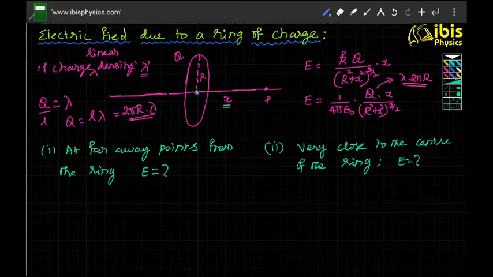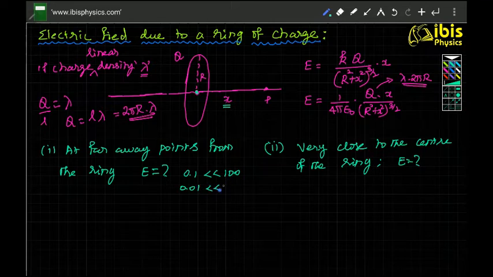Now let's look at this. At far away points, suppose you consider a value like 1, which is far less than 100. When you square it, or when you take 0.1 and square it, it becomes 0.001, whereas this becomes 10,000.